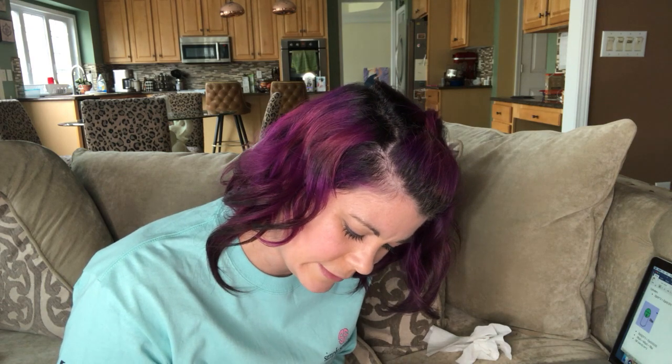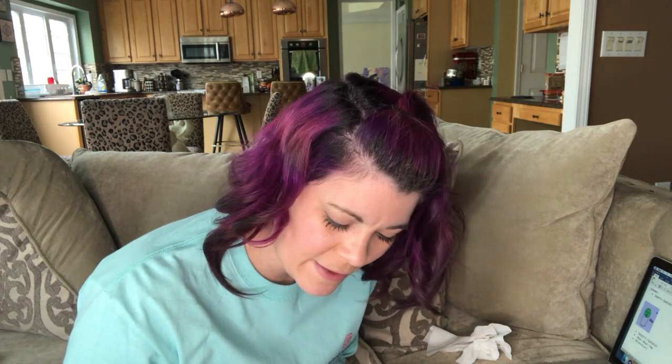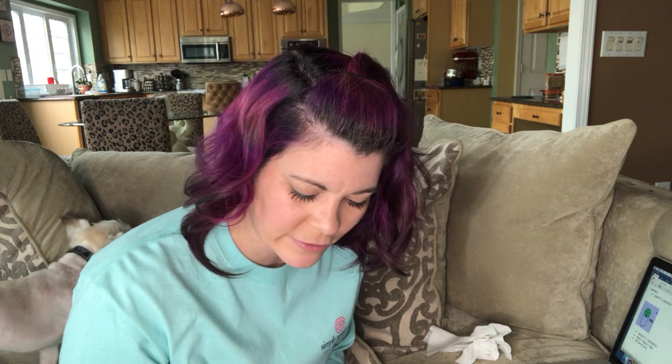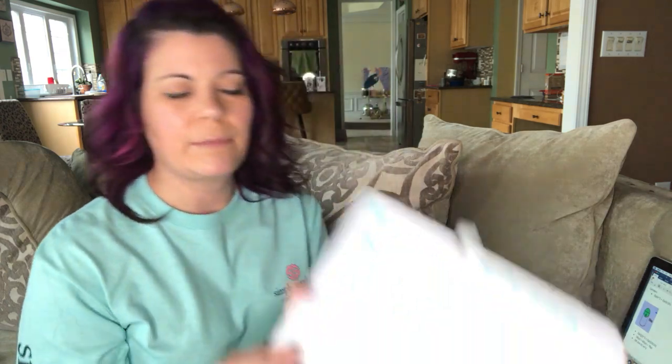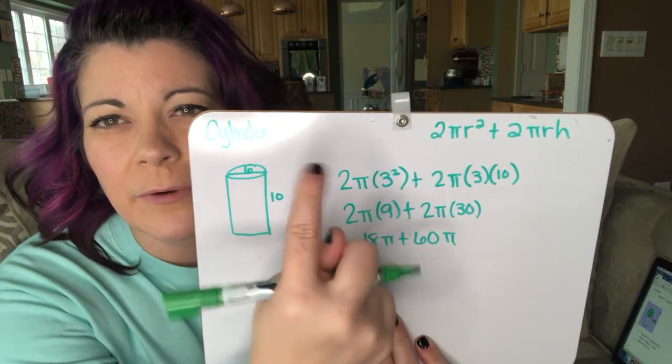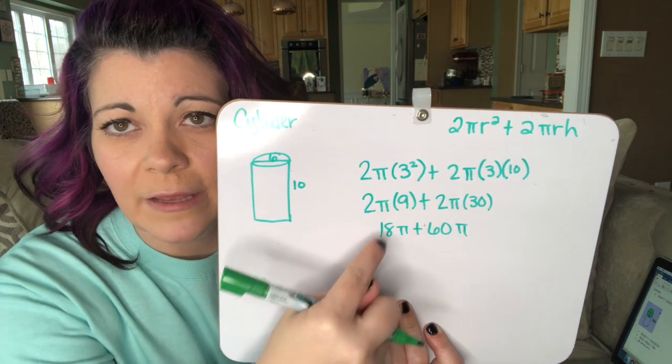I like to solve it without solving pi first, because sometimes your teachers might want you to keep it in terms of pi, which means you don't multiply by the 3.14. So 2 times 3 squared is 9. So 2 times 9 is 18.